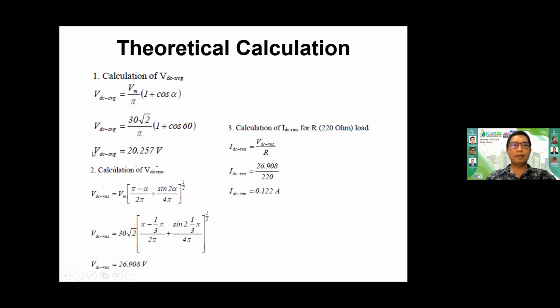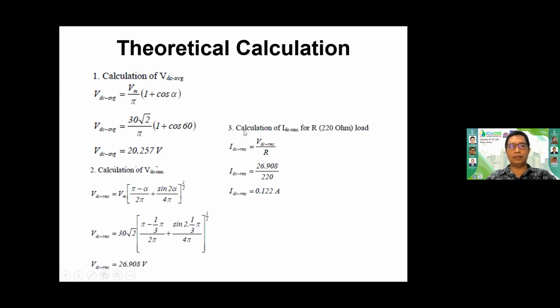Okay, this is the theoretical calculation: how to find the average DC voltage, how to calculate the RMS value of the voltage, and how to calculate the current for the load.